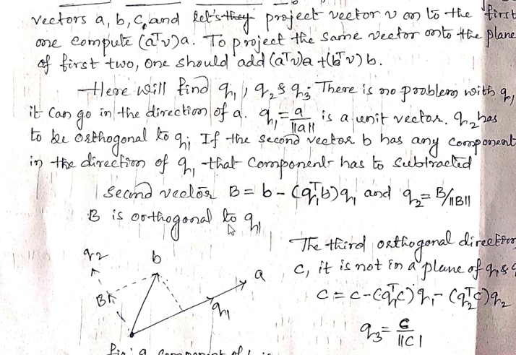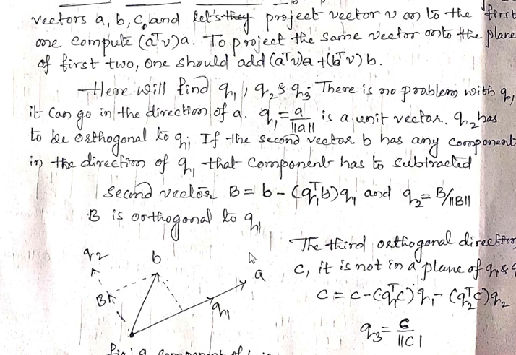The component of Q2 is orthogonal to Q1 because we are subtracting the Q1 component, the first orthogonal component's value, from this second one, and similarly for the third one.